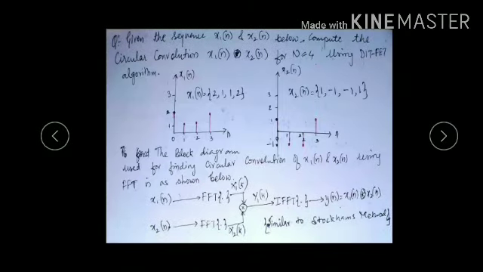Now we are going to multiply this: y1 of k is equal to x1 of k into x2 of k. Now we have to take the IDFT of y1 of k, which will be y of n, which is x1 of n convolution x2 of n. So in place of DFT, we are going to just write FFT over here, and this is IFFT.